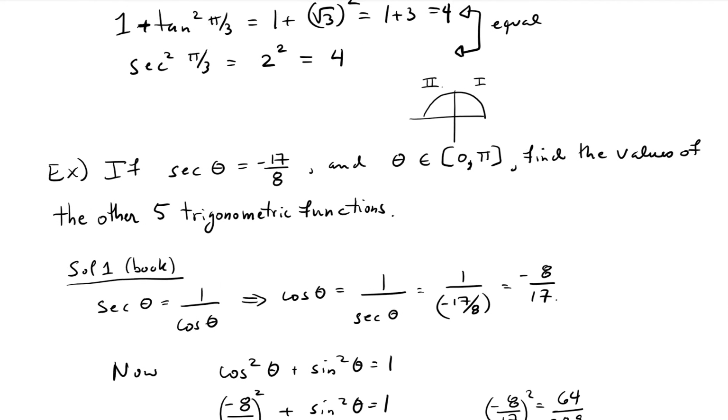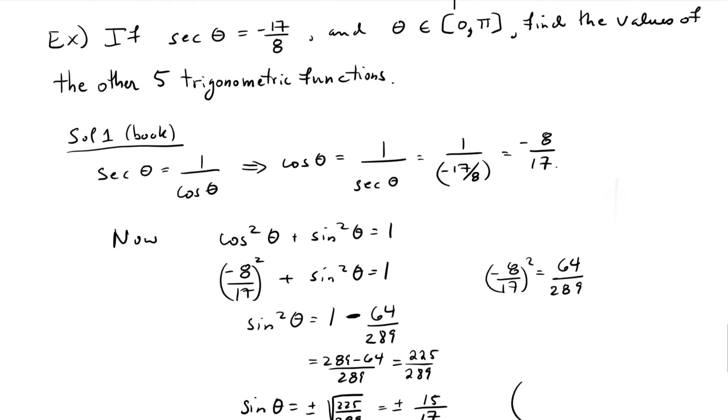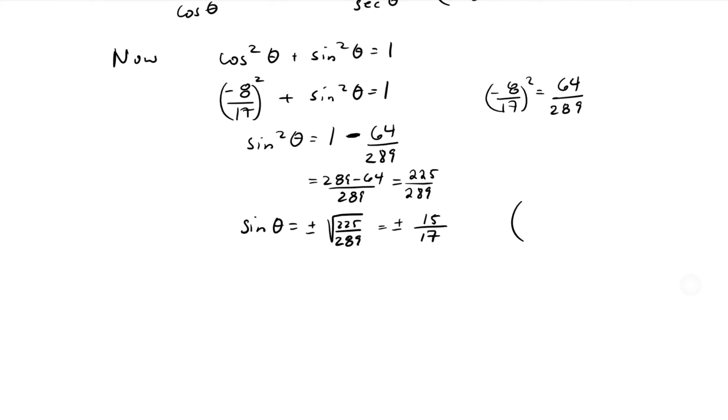We can actually decide if we're in the first or the second. Look at your cosine. Cosine was negative. So cosine is negative when you're in the second quadrant. And no matter where you are in the first or the second, sine is positive. But we know we're in the second, so here we know that sine is positive and cosine is negative. So we're going to add this just to justify.